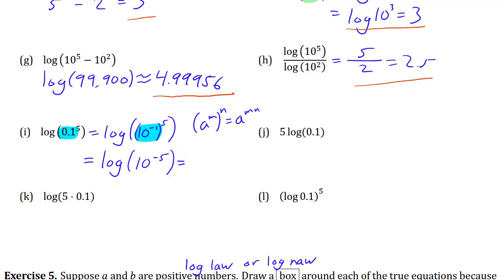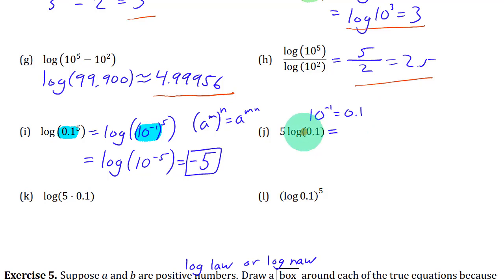So what is log of 10 to the negative 5? The inverse property says that's just going to be negative 5. Okay, how about this one? Well, log of 0.1 is negative 1, because 10 to the power negative 1 is 0.1. So log of 0.1 is the exponent of 10 that results in 0.1. So this is the same thing as 5 times negative 1, which is negative 5.